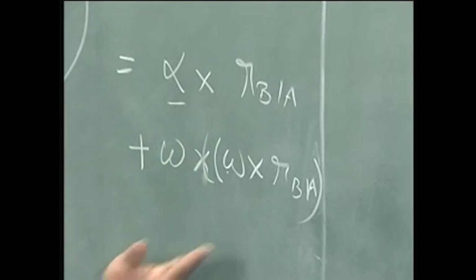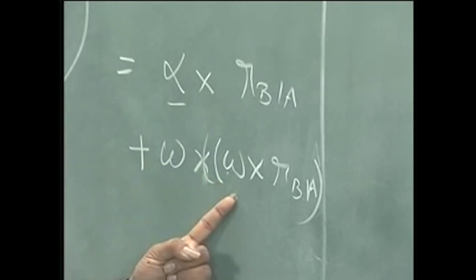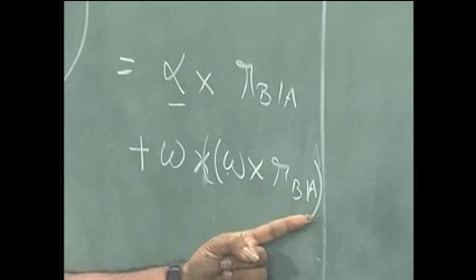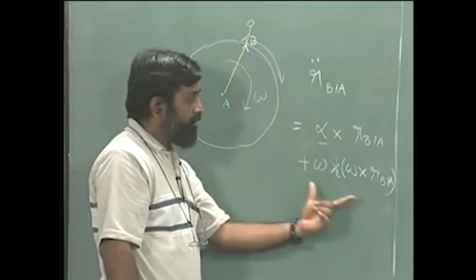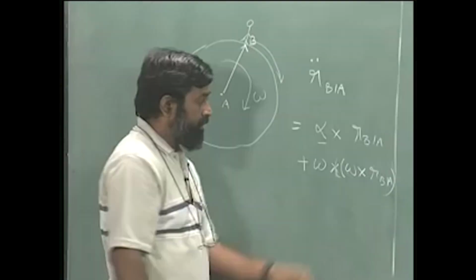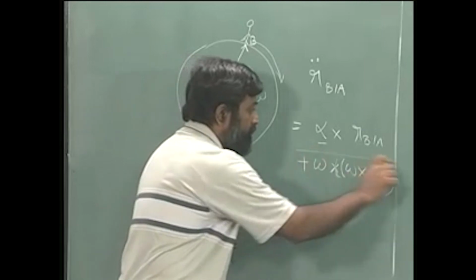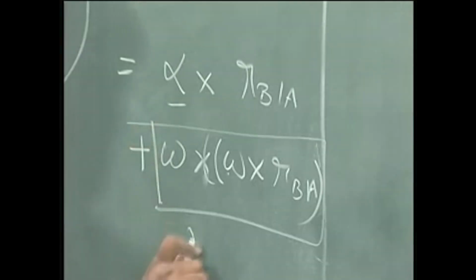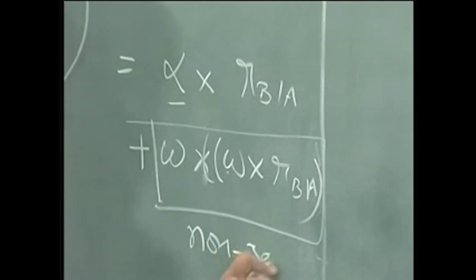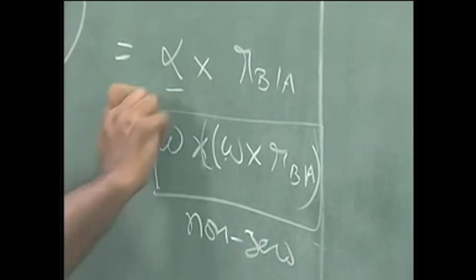right. Omega is known, R of B with respect to A is also known here. So, I can find out, okay, and therefore, this is not 0. Whereas this is 0.